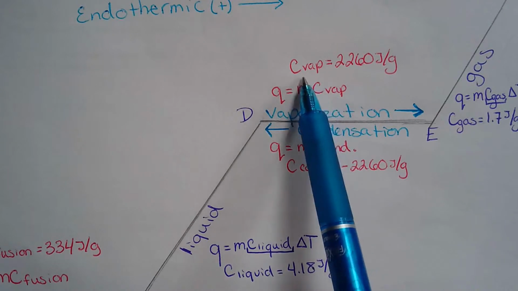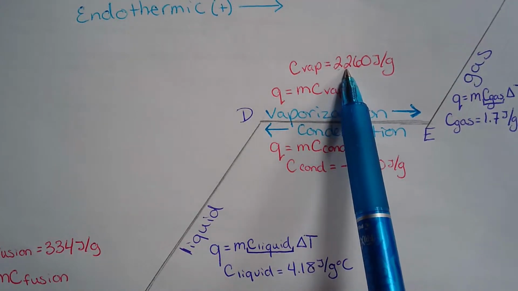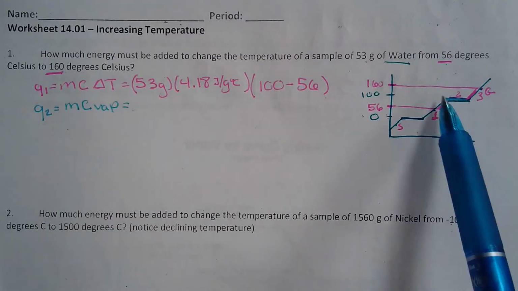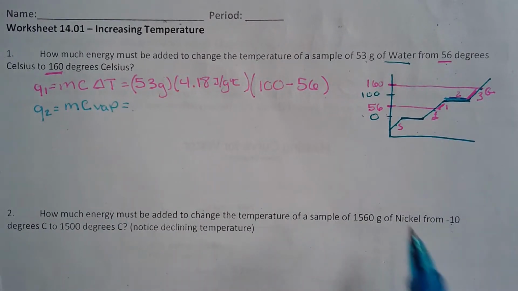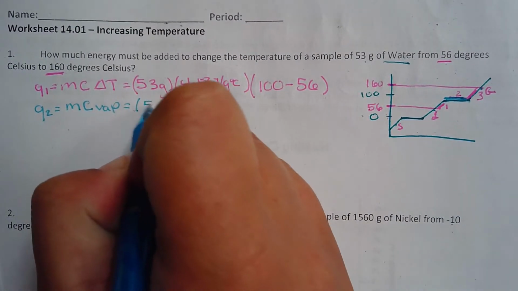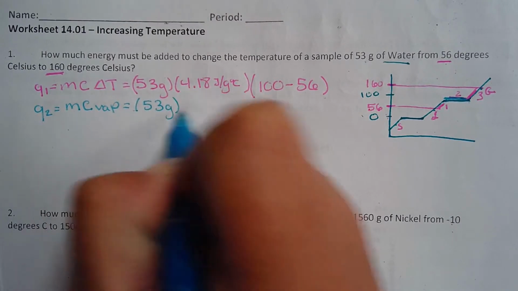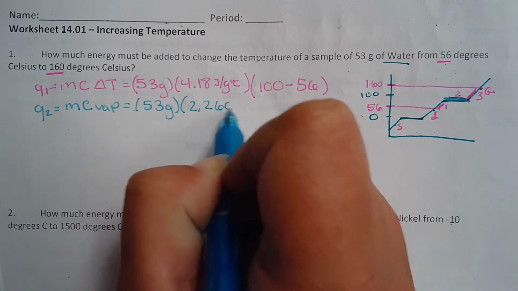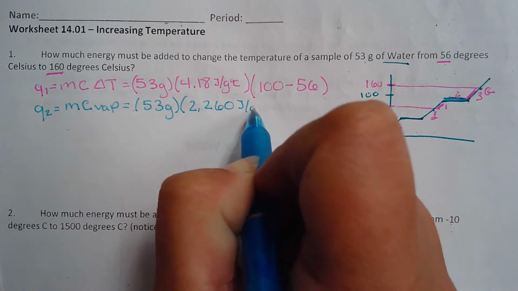The heat of vaporization for water is 2,260 joules per gram. There's no temperature change, so we don't have to use a delta T. So we say 53 grams times 2,260 joules per gram.